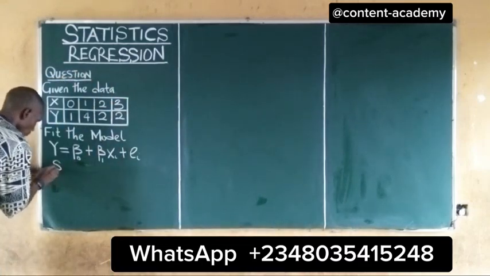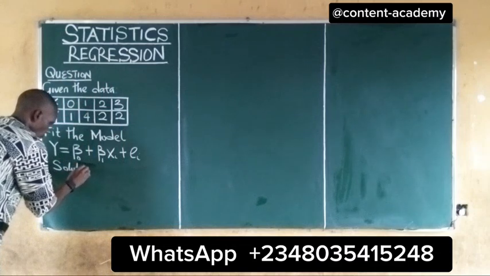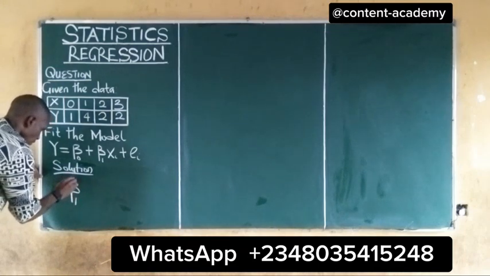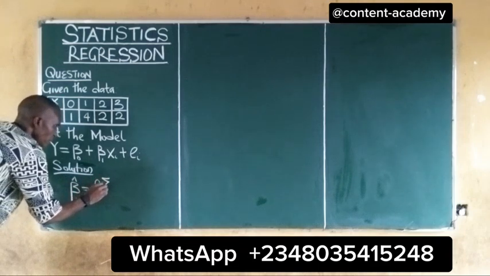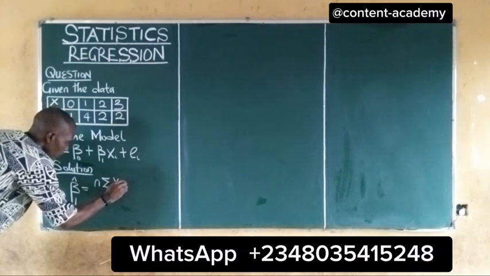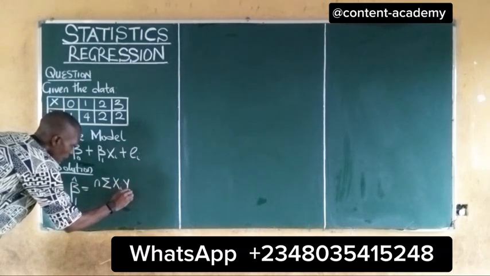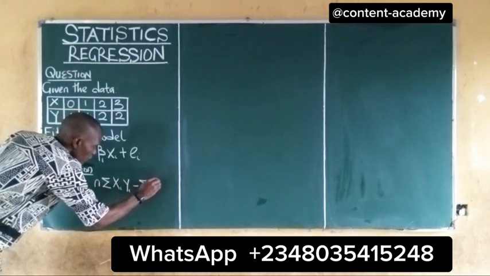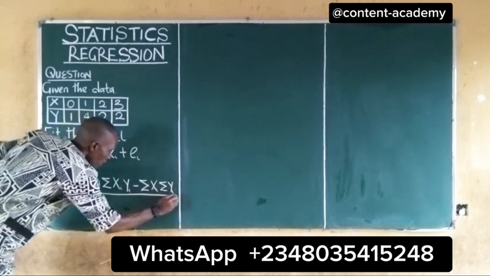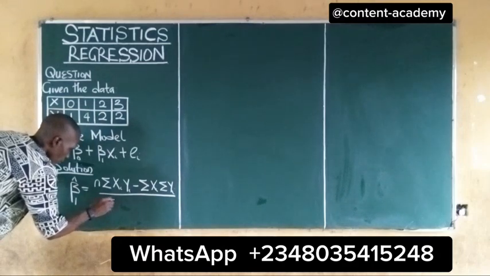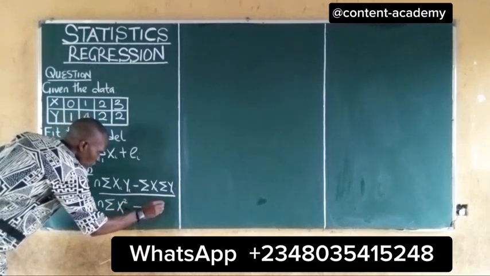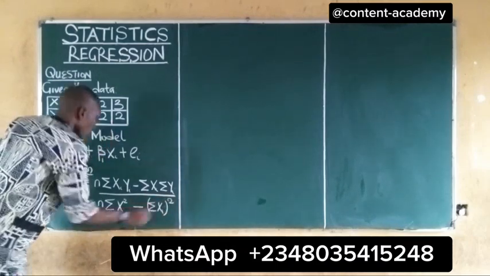Solution. The first thing to do is to recall that the estimate of B1 is equal to n summation xi yi minus summation of xi summation yi, all over n summation xi squared minus summation of xi all squared.